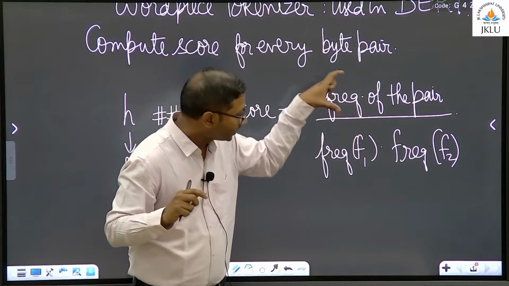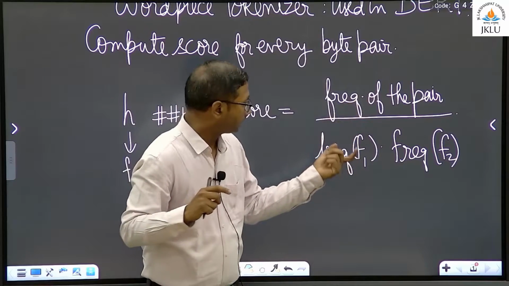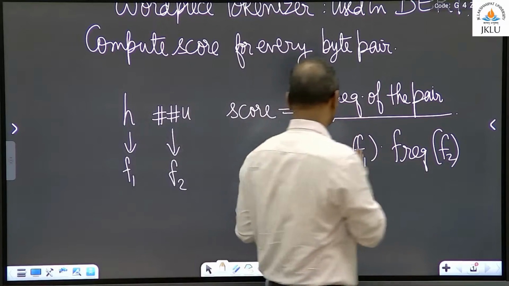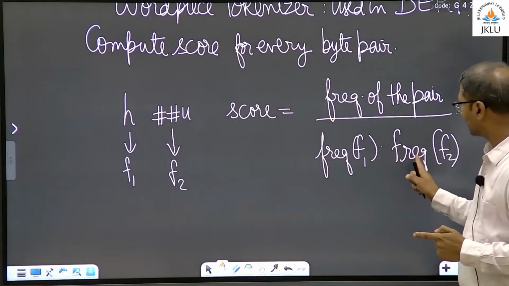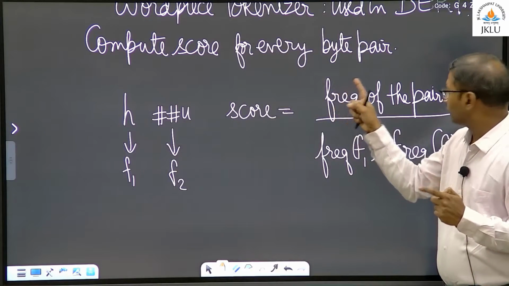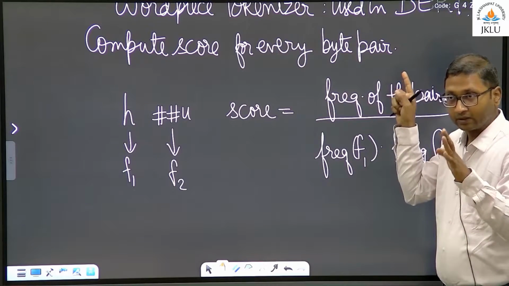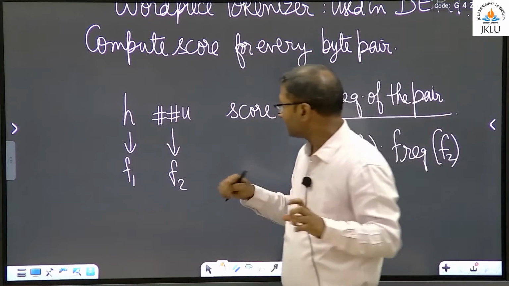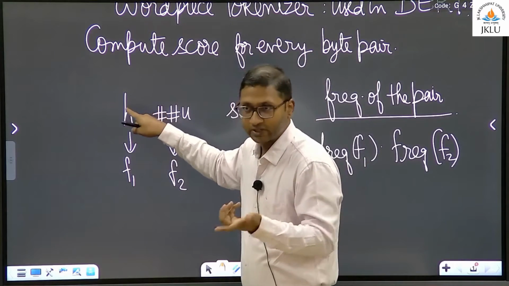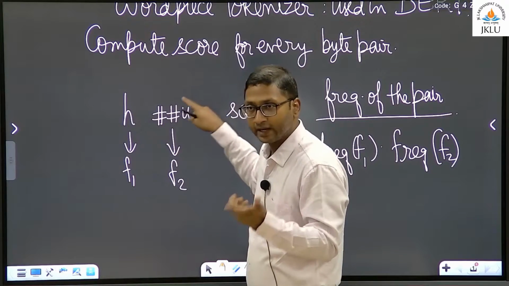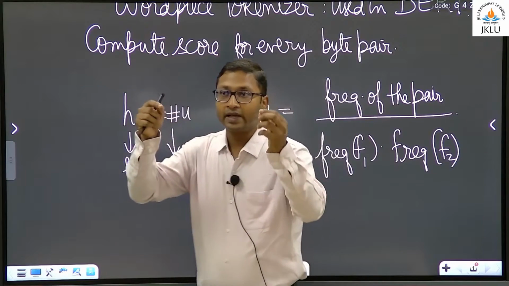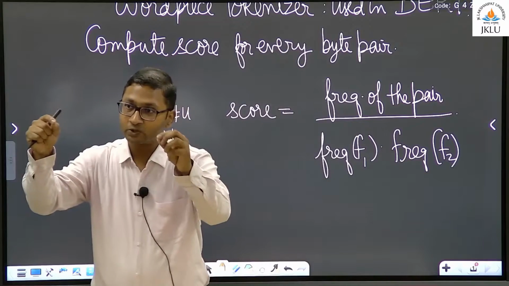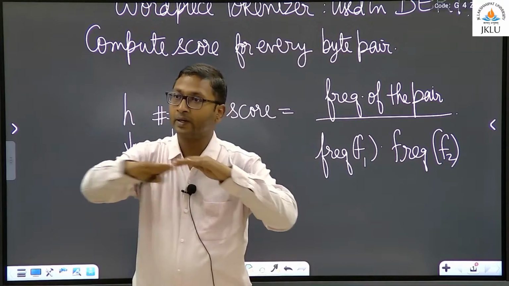See, if the frequency is high, what does it mean? It means frequency of F1 dot frequency of F2, frequency of the pair. If this number is high, this will basically mean that, for example, h and hash u appear together much more compared to what they appear individually.